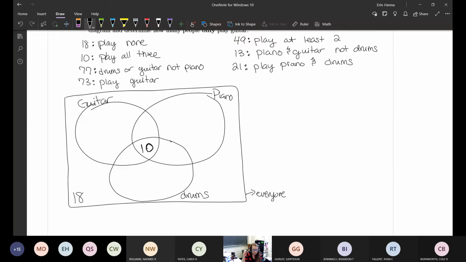And now it gets a bit more complicated. Let me first start by saying we start out with 150 people, and there's 18 people who don't play any of these.